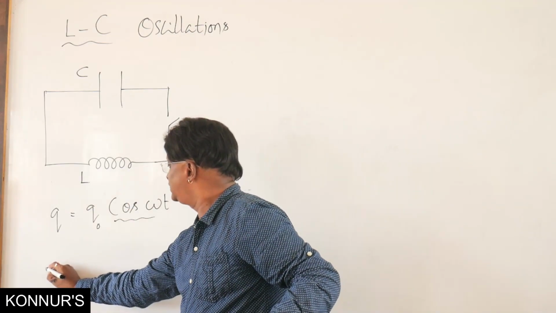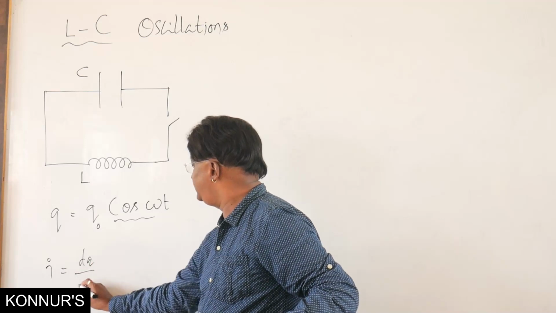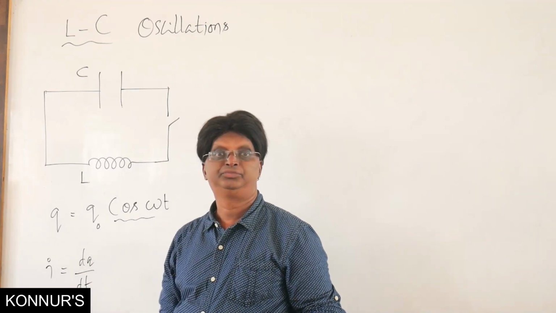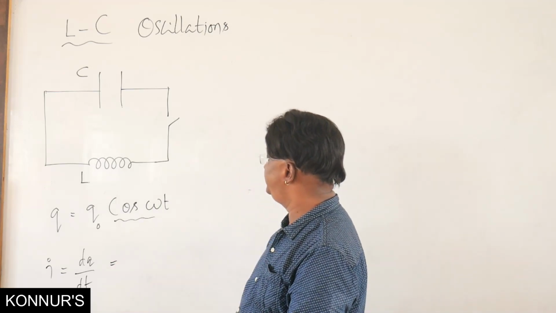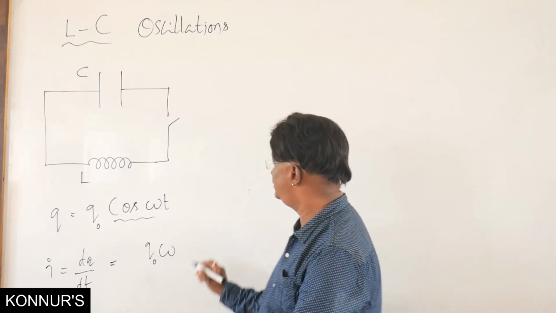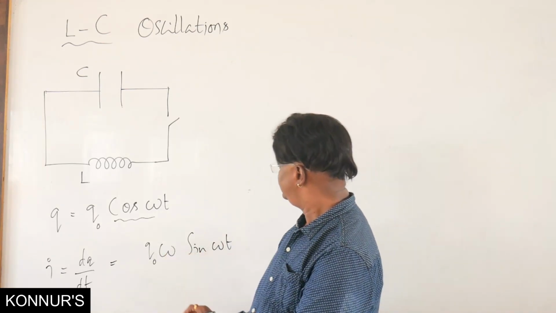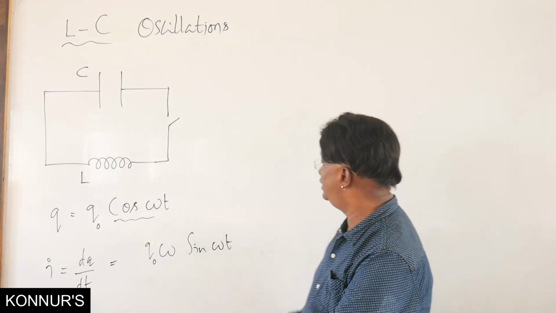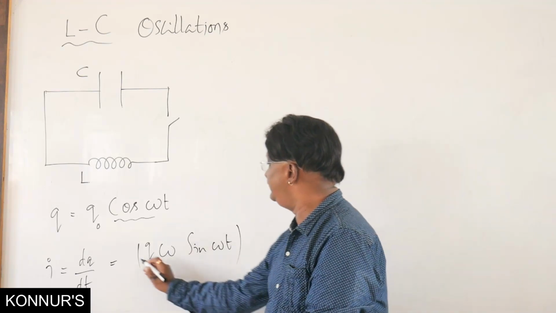So that is why we write current I. Of course, it is nothing but dq by dt, the rate of change of flow of charges. So dq by dt will give you Q naught times omega sine of omega t, of course with a negative sign also.